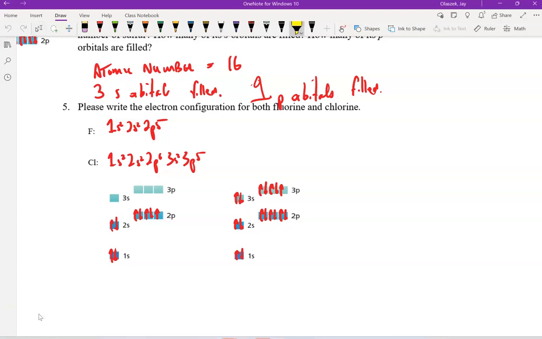And the trick is that both fluorine and chlorine end in p5. How do we know that? Well, they both are in the same column on the periodic table, and that's because they both have the same ending electron configuration. So that means we're going to look for an element that's in the same column as vanadium, just 1 row down.